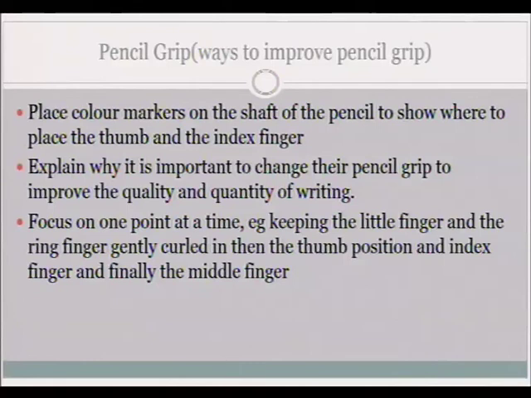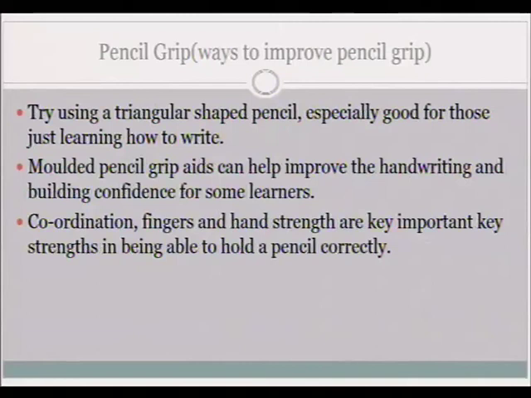So it takes time and patience to do that. Try using a triangular shaped pencil, especially good for those just learning how to write. Molded pencil grip aids can help improve the handwriting and build confidence for some learners.